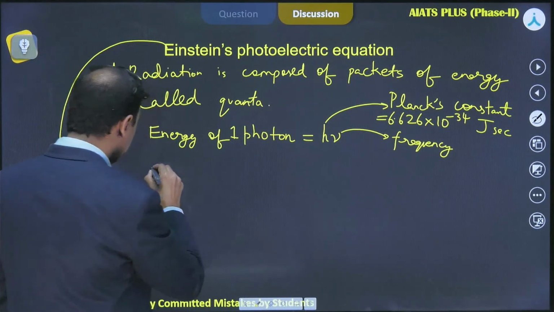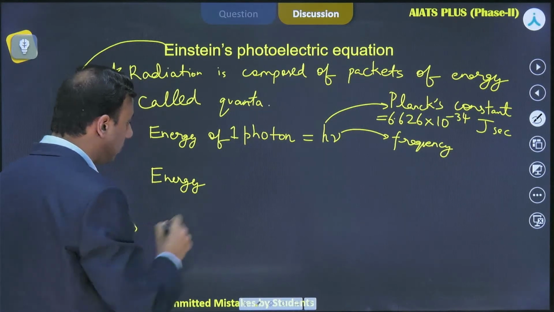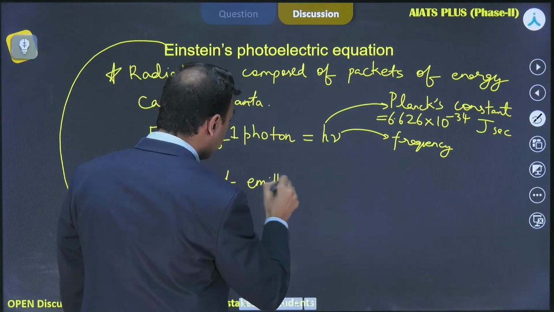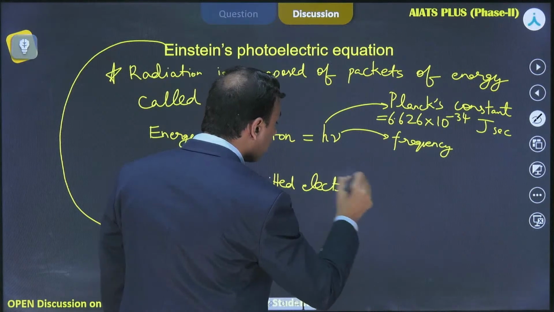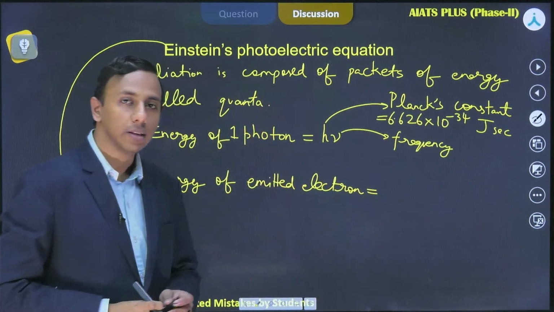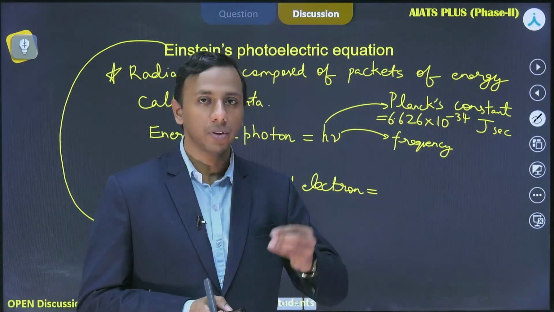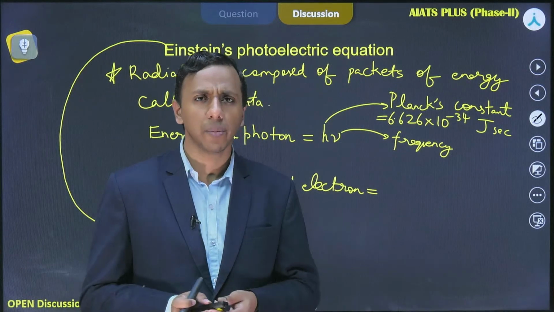So let's say energy of emitted electron, and also remember this photoelectric equation talks about the kinetic energy, or we can say the maximum kinetic energy of the ejected or emitted photoelectron, because a photoelectron can also be emitted with zero energy.